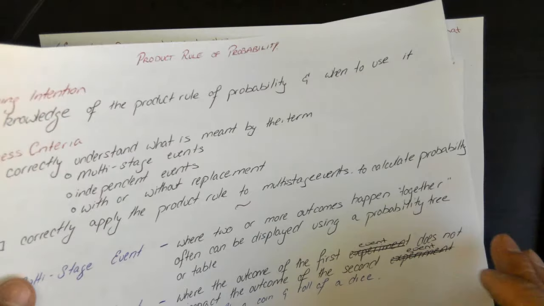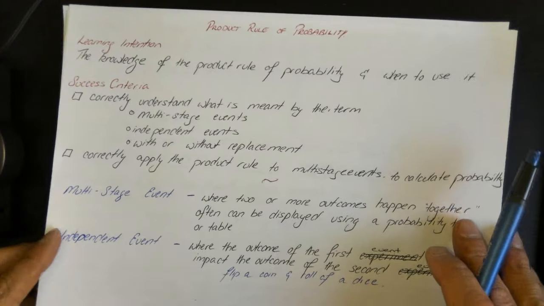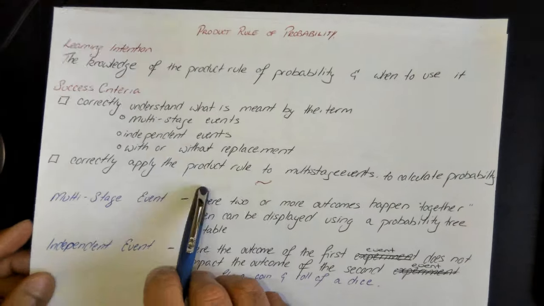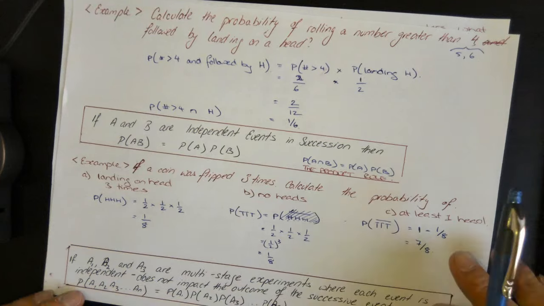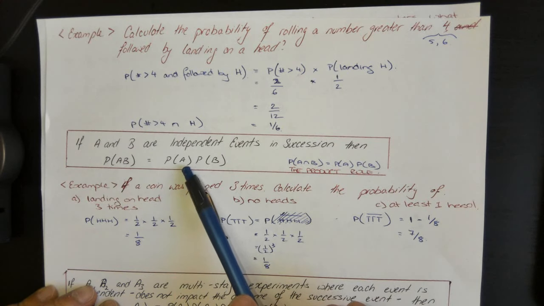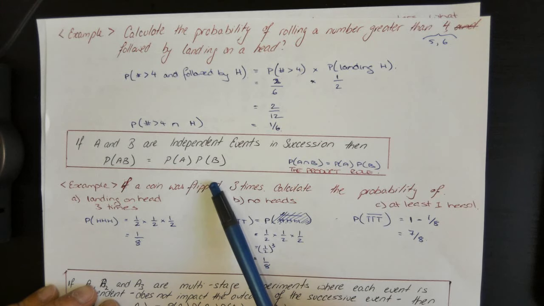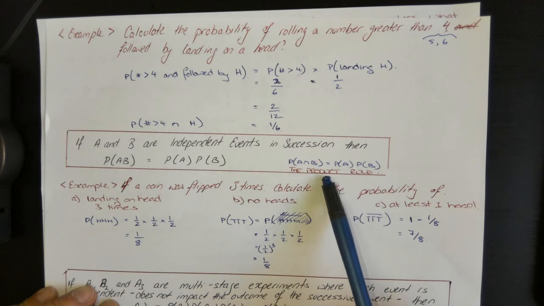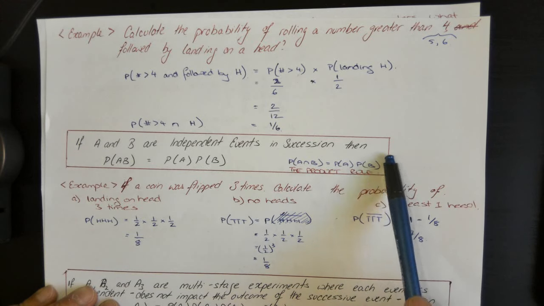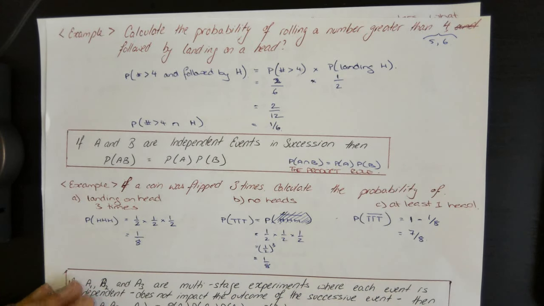So without replacement, that's what we talk about with without replacement. Correctly apply the product rule. The product rule, as a reminder, if they're independent events, the probability of AB is the probability of A multiplied by the probability of B, or the intersection of A and B is the probability of A occurring multiplied by the probability of B, and that is the product rule.